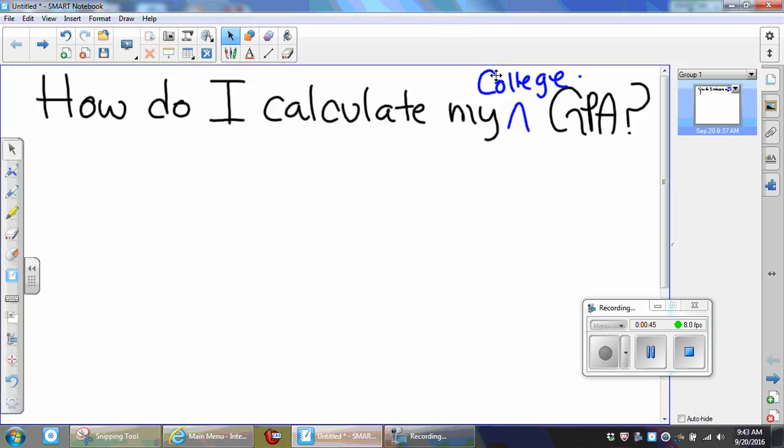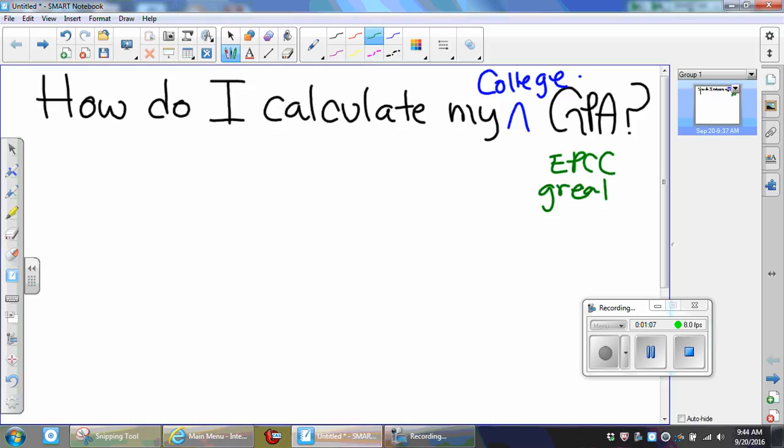So we have a volunteer student who was kind enough to share her banner with us, and our student is a senior, and she's actually attending UTEP this semester. So she was able to get her EPCC GPA greater than a 3.0.